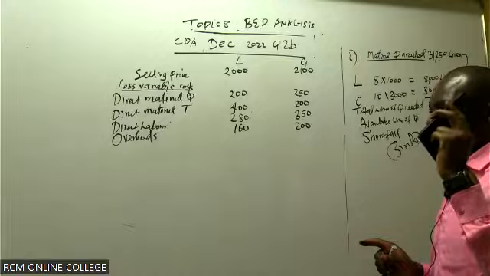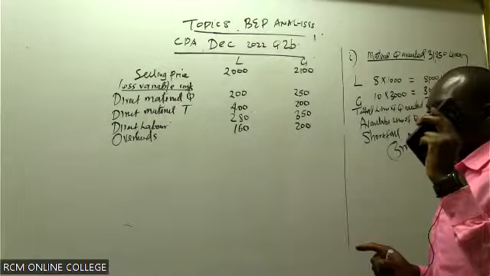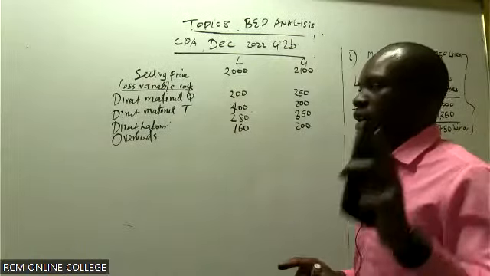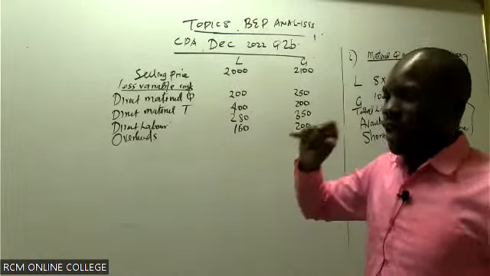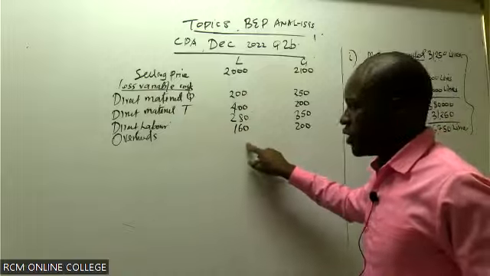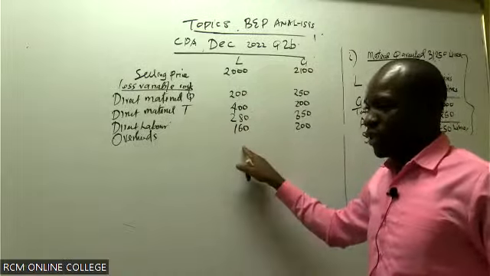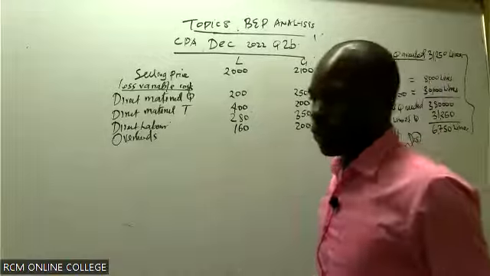Back to topic number 7. Which costing method are we using here? Marginal. And we said some of the applications of marginal costing are in topic number 8. So in topic number 8, if you bring absorption costing and bring fixed cost to be part of the product cost, you have got 0.